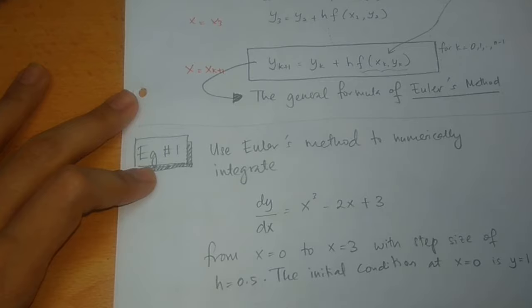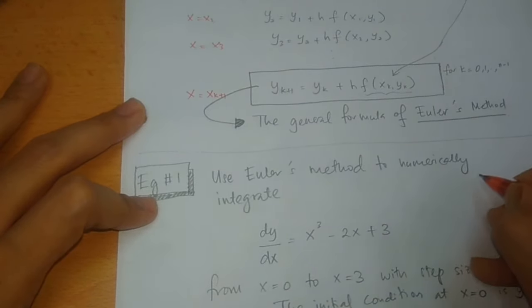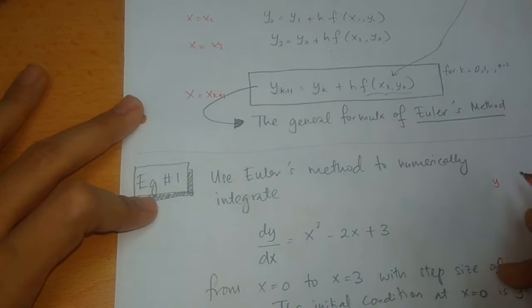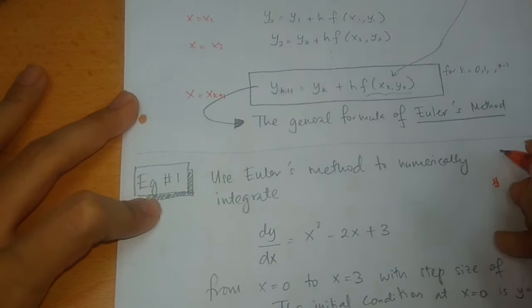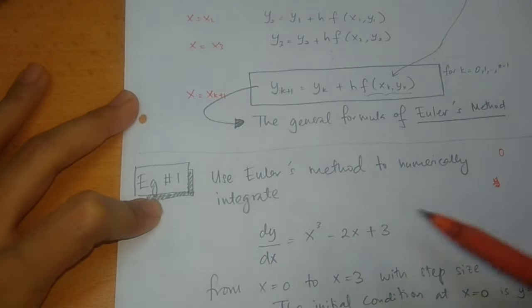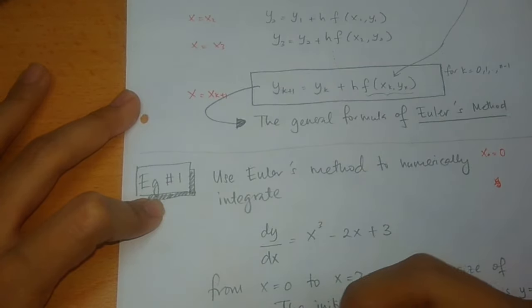So what is this all about? You are trying to find out the value of y. I'm going to put it here. Remember that you have x0 equal to 0 and the step size is 0.5.